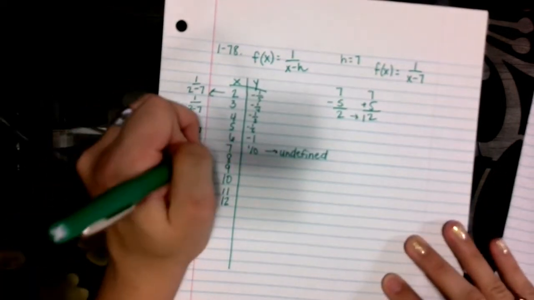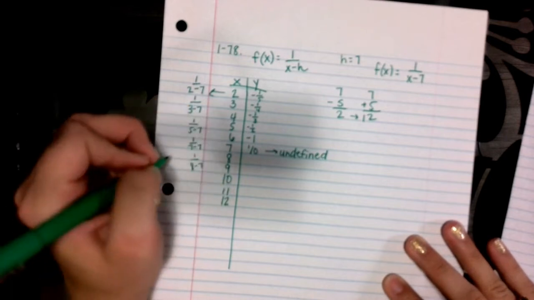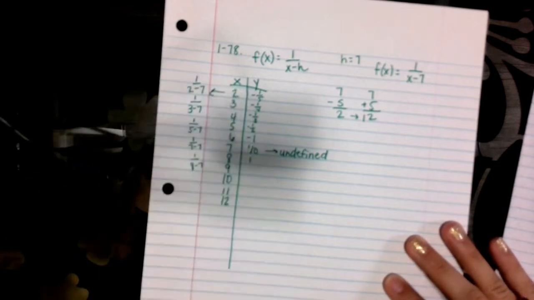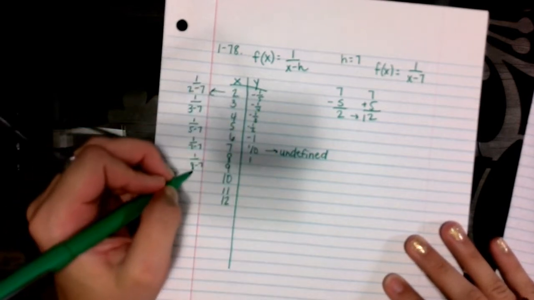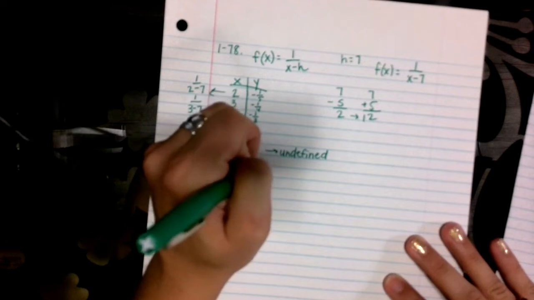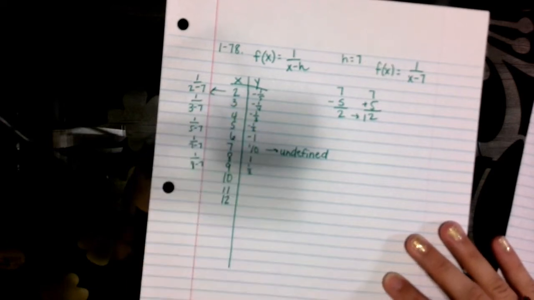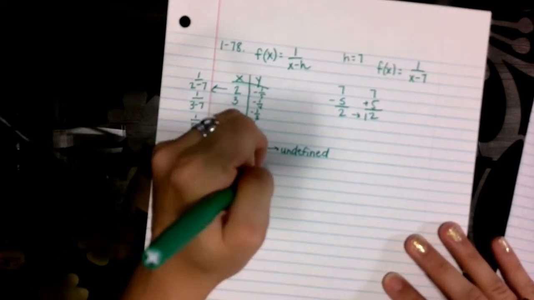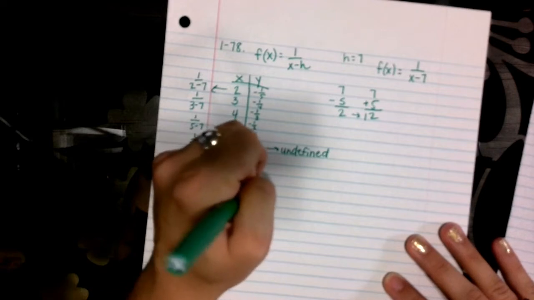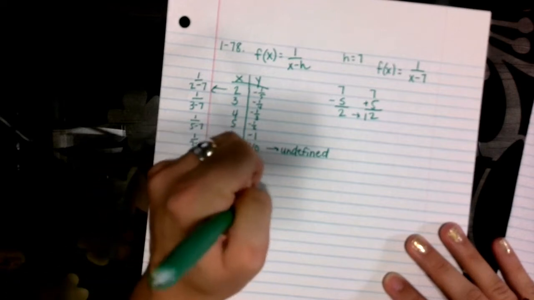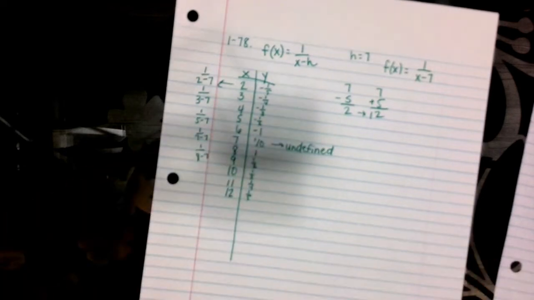If I do this, 8 minus 7, I'm going to get a positive 1. 1 over 9 minus 7 would give me a positive 1/2. Positive 1/3, 1/4, and 1/5. Okay, so these are my values that I have here.